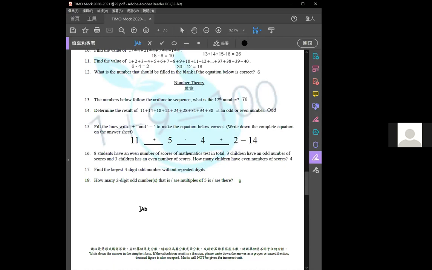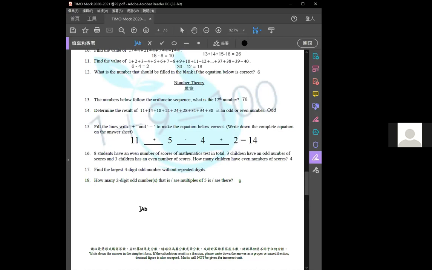When you have 8 students all with odd scores, for example, each of them has a score of 1, and 1 plus 1 is 2. So when we add 8 times, it will become 8. That means when we have 2 odd numbers adding together, it will become an even number. I believe it is pretty clear here.